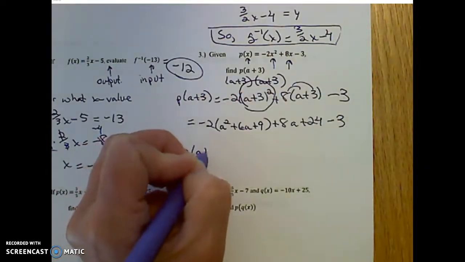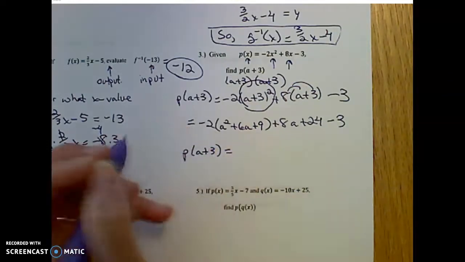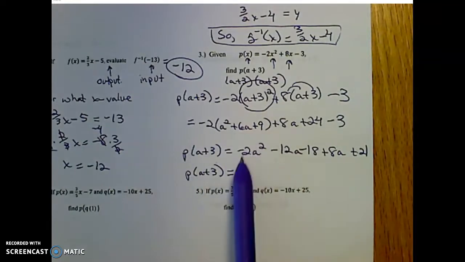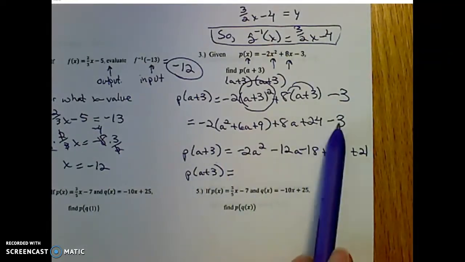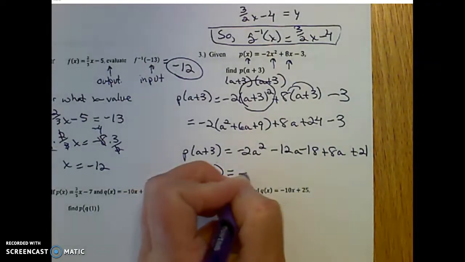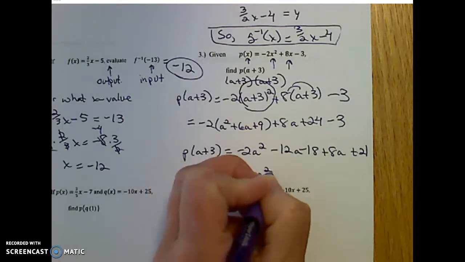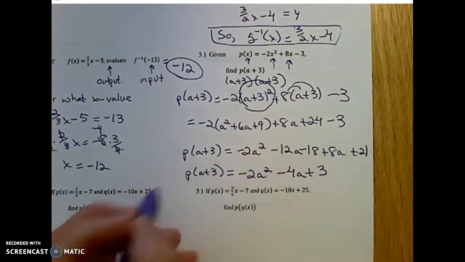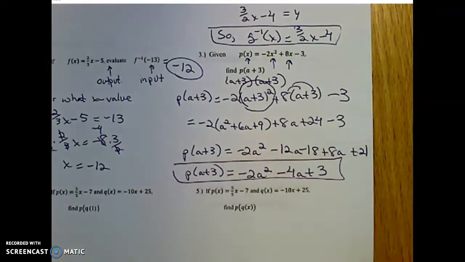Combine like terms, and p of a plus 3 is equal to, oops, not yet, I have to distribute. Let me pause. I distributed here. I combined 24 minus 3. Combine like terms one more time, and negative 2a squared minus 4a plus 3 is p of a plus 3.